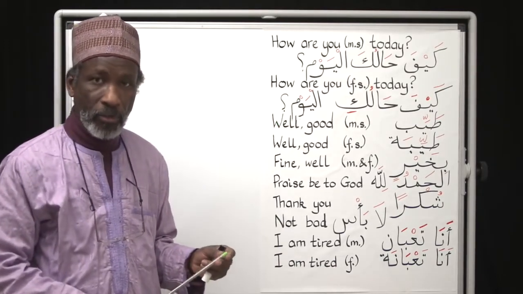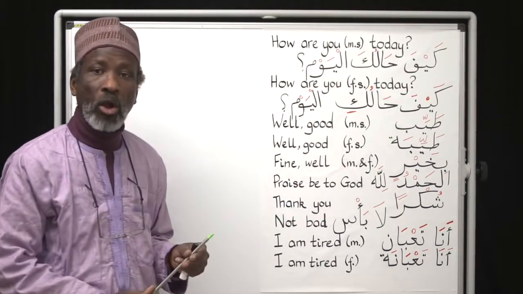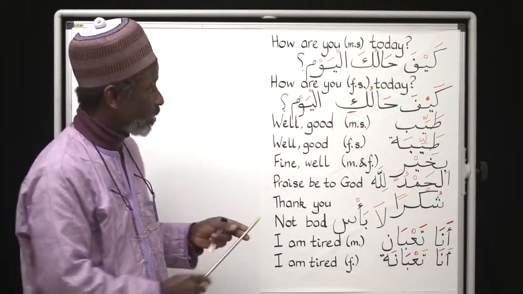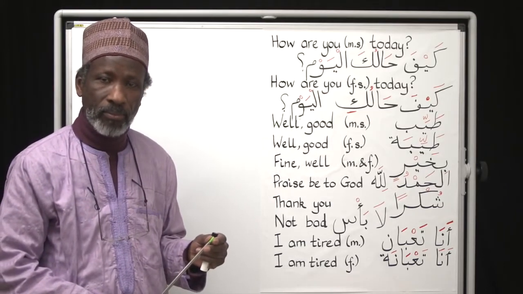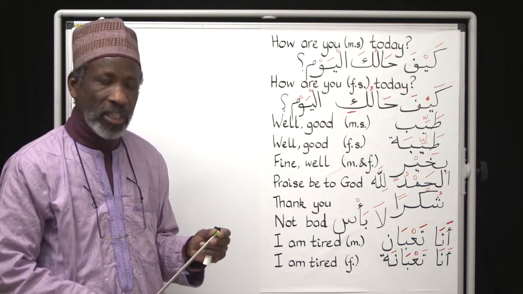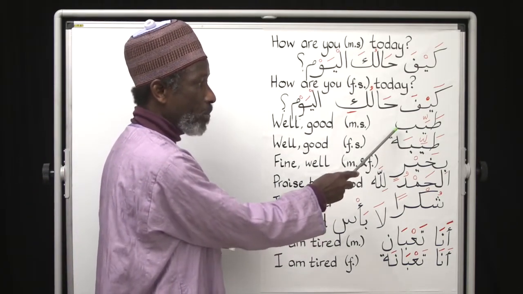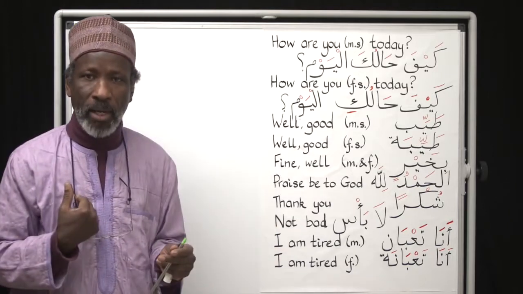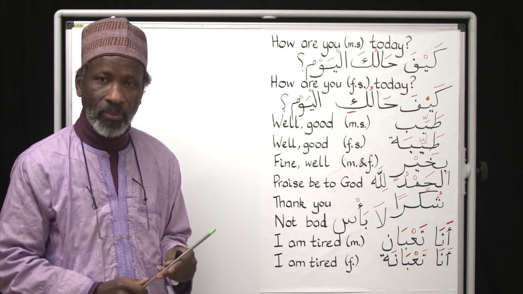Response from a male: طيب. Well or good. I'm good. A female will respond by saying طيبة. So for a male, I will say طيب. A female will say طيبة.